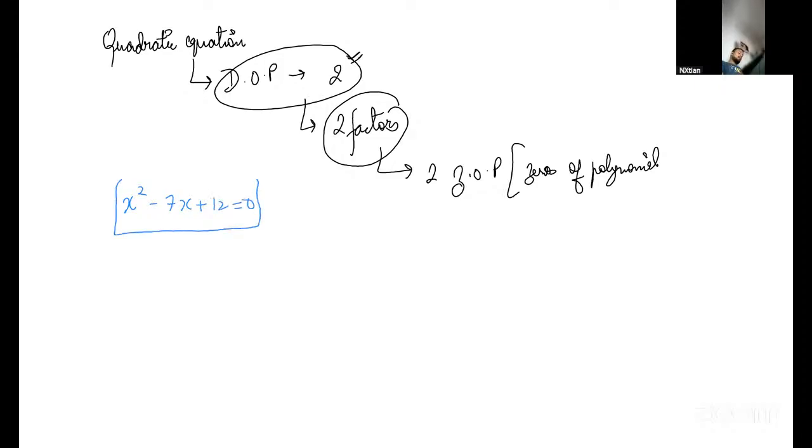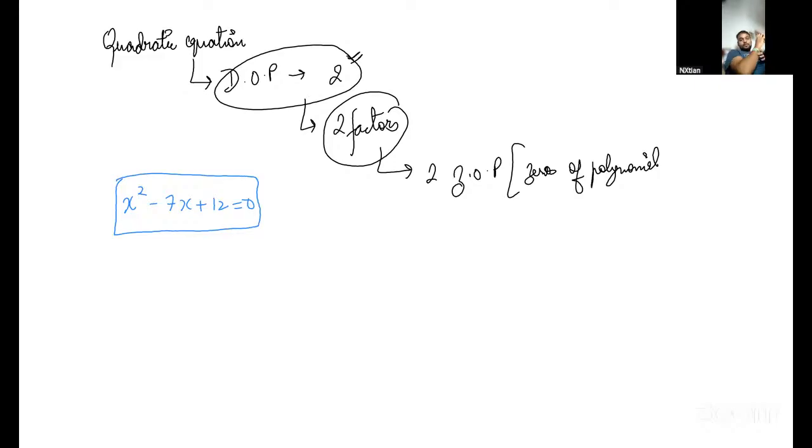So remember this thing, guys. This equation has only two zeros in the whole number system. Two zeros means two values of x, which when you place in this equation, you will get the answer as 0.